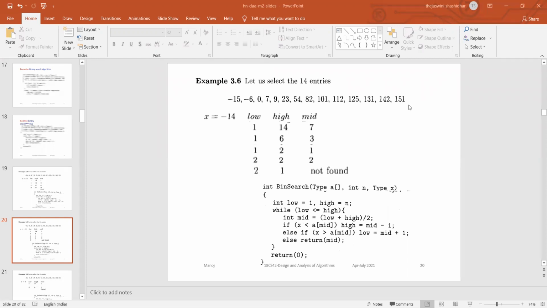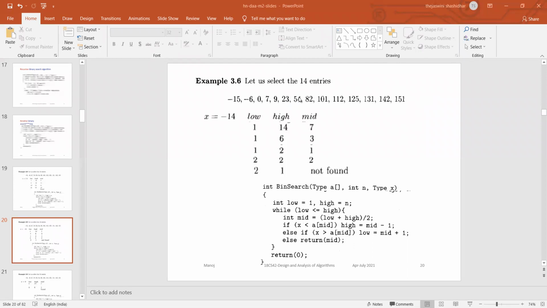So where is high? It is at 7. It is coming for mid minus 1. What is mid? Mid is 7, so it is coming to 6. Here you can see low is 1, but high you are getting as 6, because if the key element is lesser than A of mid, you go with high is equal to mid minus 1.